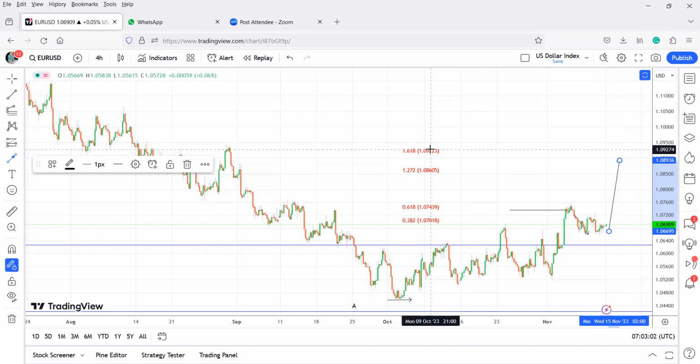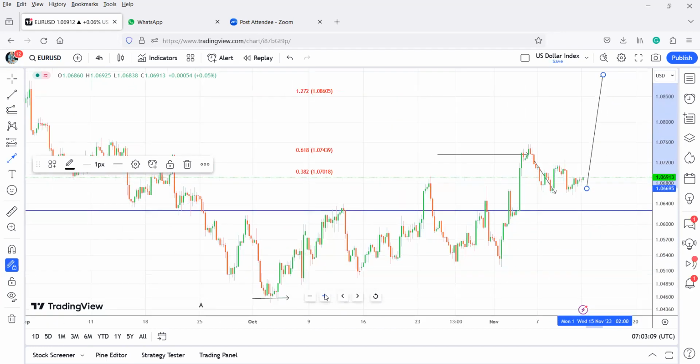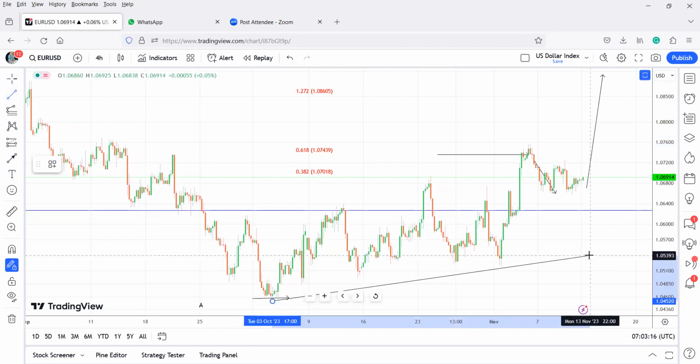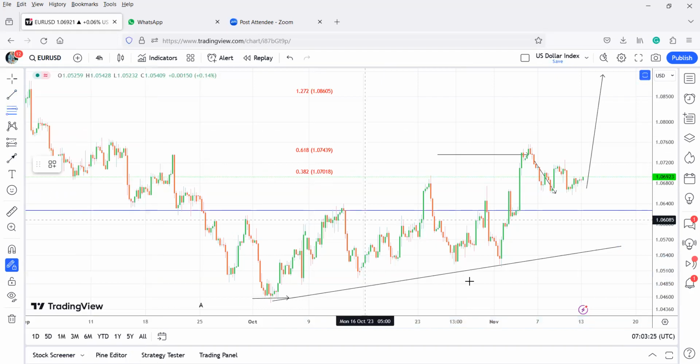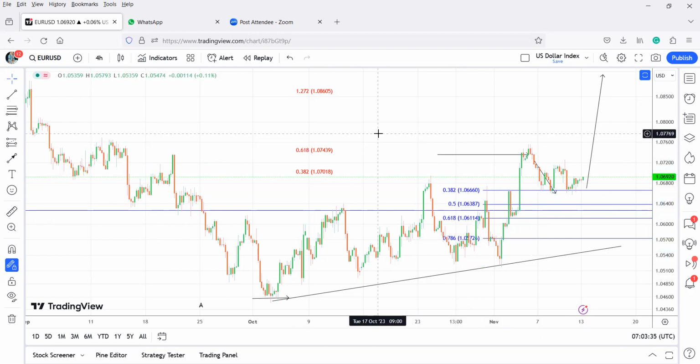So if you look at the wave structure, let me zoom in a bit. I think that should be clearly visible now. The recent boundary which is being worked upon is between 1.05 and 1.0750. So I'm going to take a retracement of that, which will define well-stated buy zones and sell zones for us.